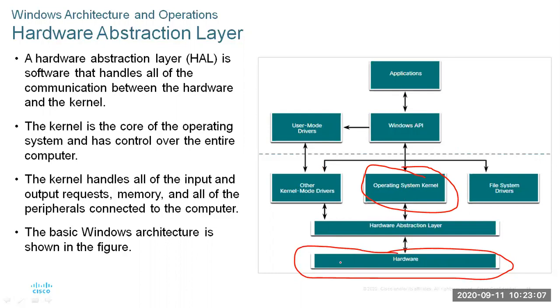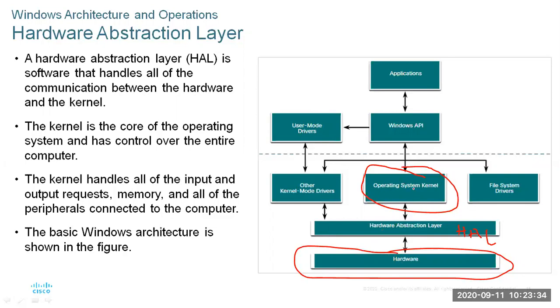For that to happen, it needs to go through the hardware abstraction layer, sometimes called the HAL. The hardware abstraction layer is like software, and it handles all the communications between the hardware and the kernel itself.